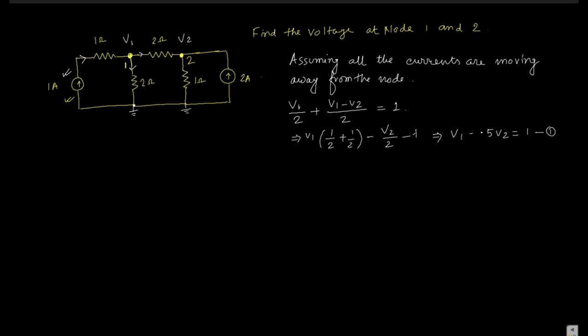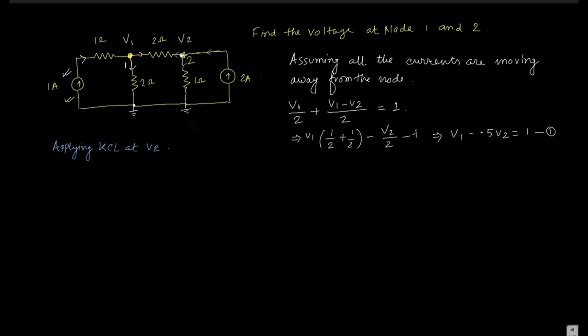Again you assume V2, applying KCL at V2. So here also 2 ampere is current flowing through it, and you assume that all the currents are moving away from the node.